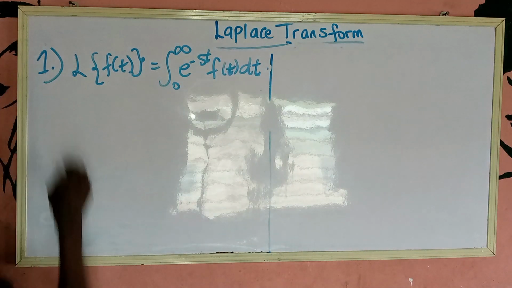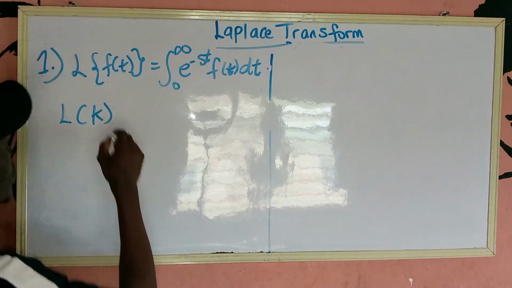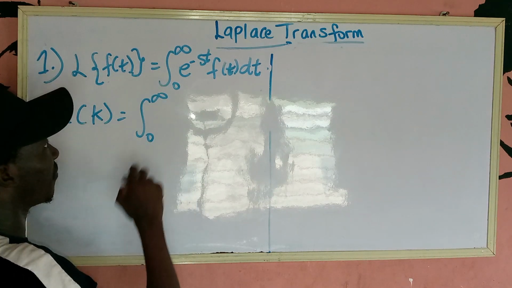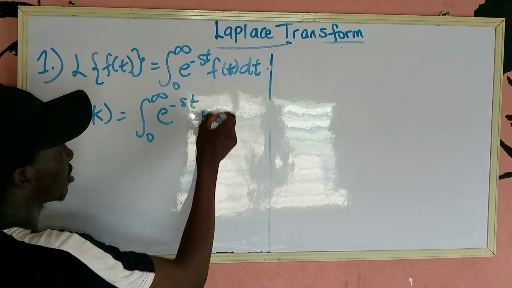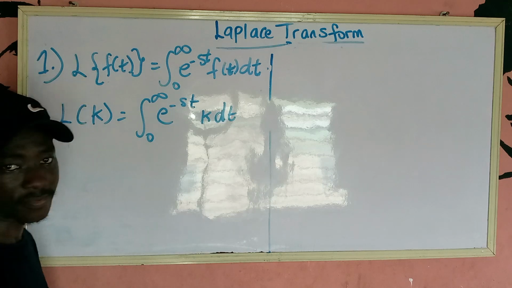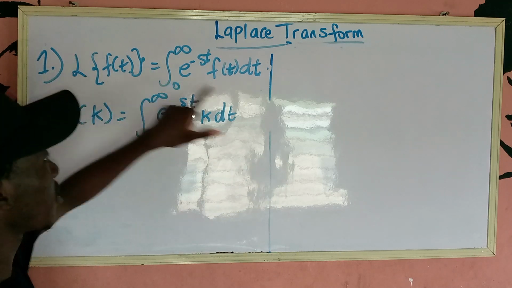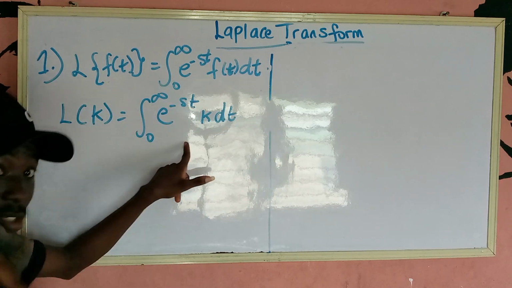From here, that means my Laplace transform of a constant will be equal to the integral from 0 to infinity of e raised to power minus st times k dt. You can see you have f of t here, you can have it here also. So I replace the f of t by k, which is the question.